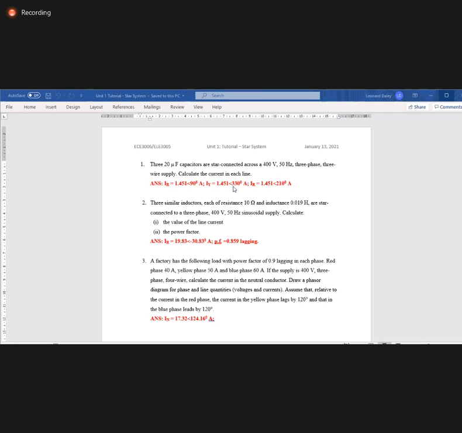So if you get 150, take that from 360, and you should end up with 210. And if you get a negative 30, you just add that to the 360. So any negative number you get, just add it to 360, and it should get you to the positive answer.